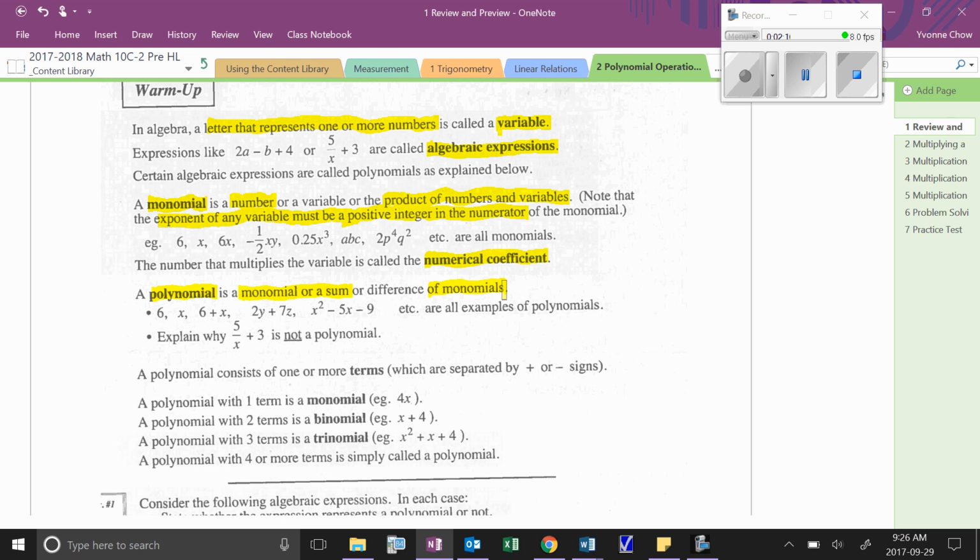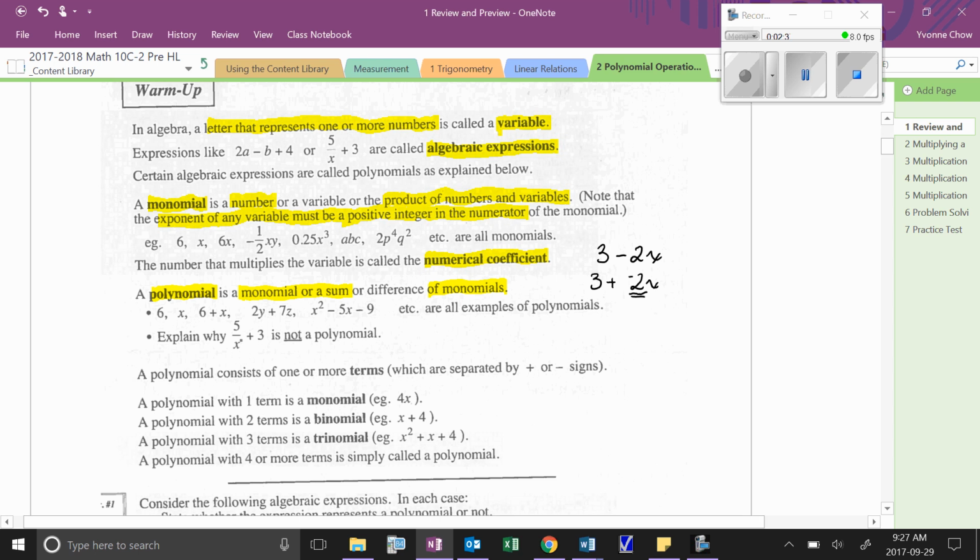So if I'm subtracting 2x, so say it looks like 3 minus 2x, we can say that that's the same as 3 plus negative 2x, and that just helps us to see that the coefficient is negative 2.